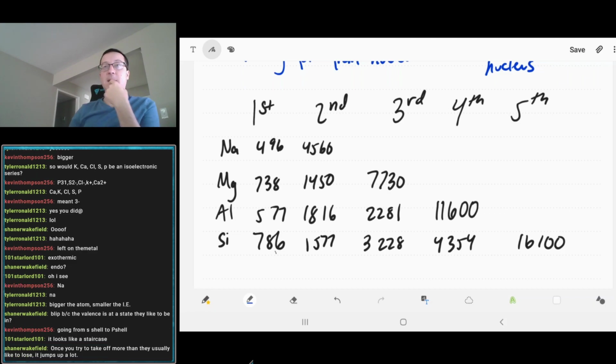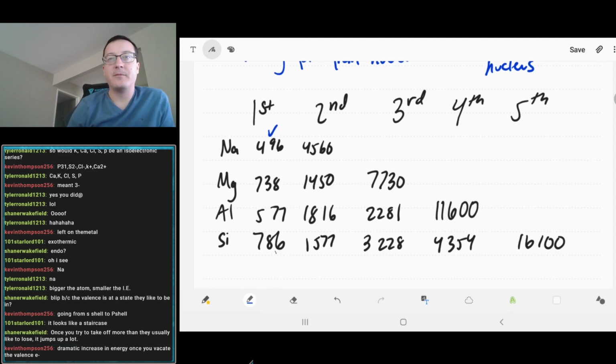That's right, Shane. Absolutely. So we know, for example, sodium likes to lose 1 electron. No problem. And Kevin, you've got it exactly right. Also, you both have it perfect. You've just kind of changed the phrasing a bit.